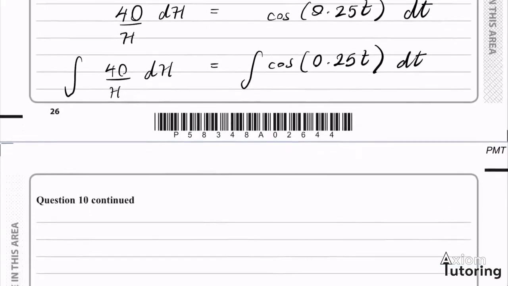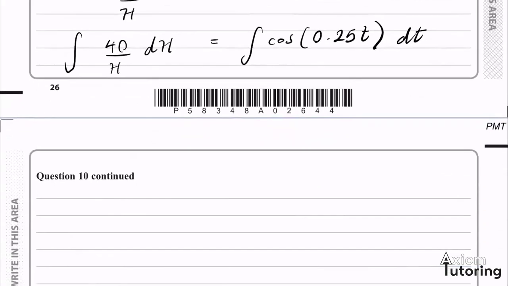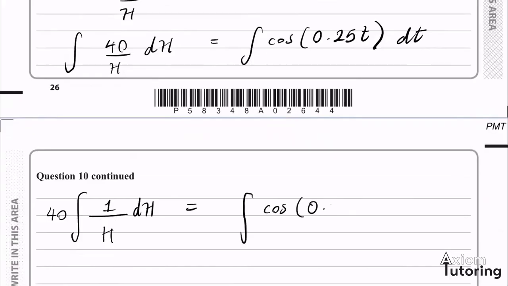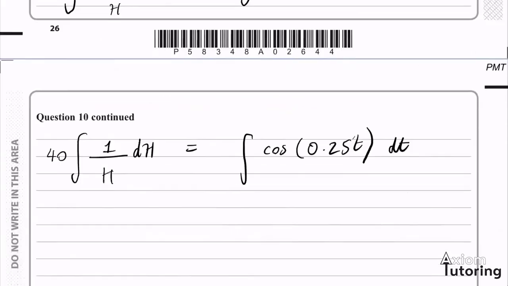So now let's continue the integration. On the left, it might be easier to pull out the constant 40 and write it as 40 times the integral of 1 over h dh. And then on the right, there's no constant to pull out, so it's still cos of 0.25t dt.